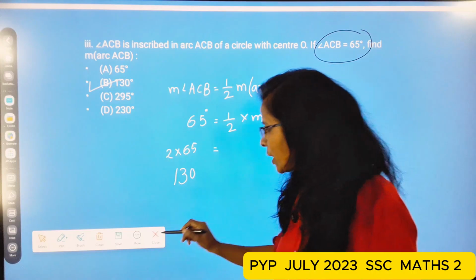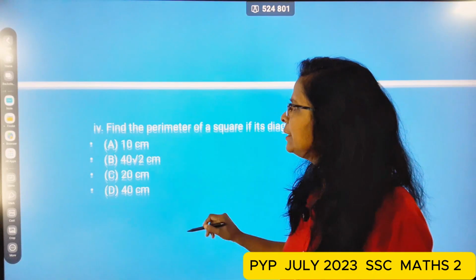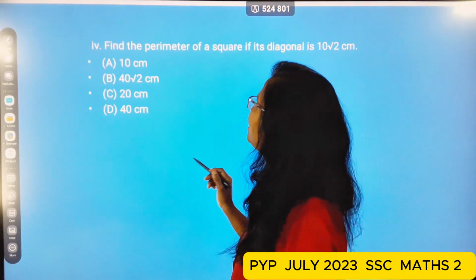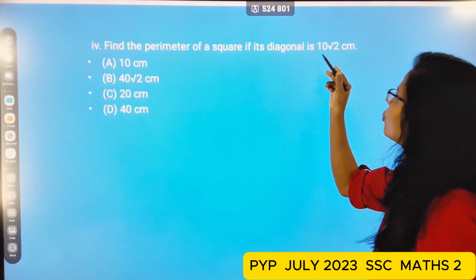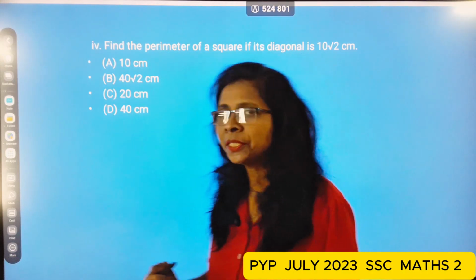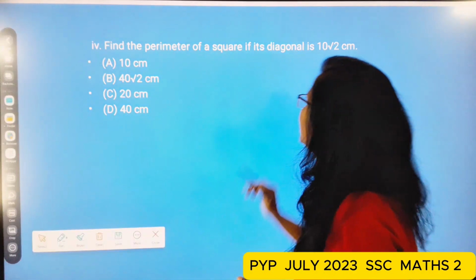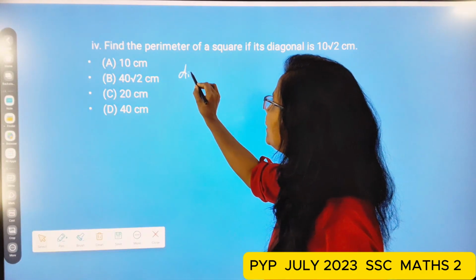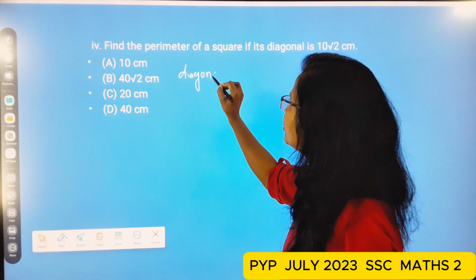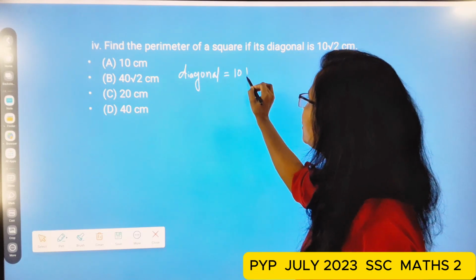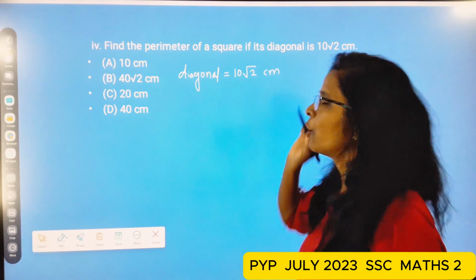Okay students, the next one: find the perimeter of a square if its diagonal is 10 root 2 centimeter. Here there is a square and the diagonal is given.